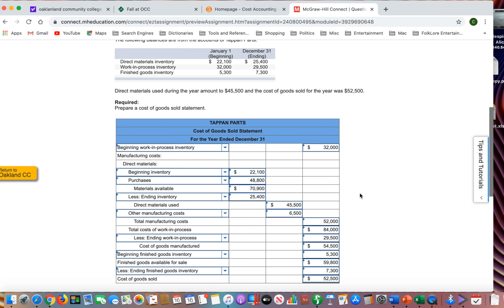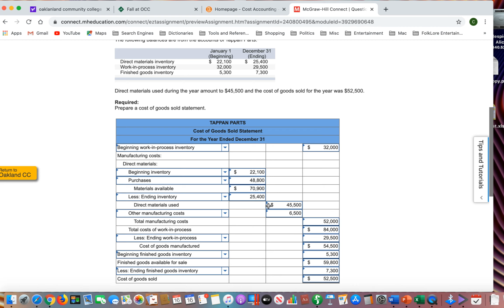I'll say it one more time to make sure you get it. If we start out with 22,100 and we end up with 25,400 and we used 45,500, as they say here, that means we must have had available the sum of the two, what we ended with and what we used.